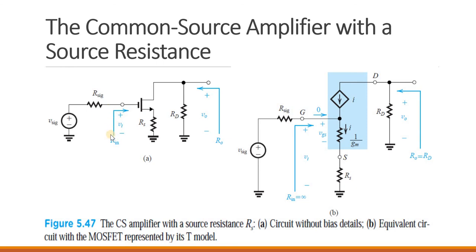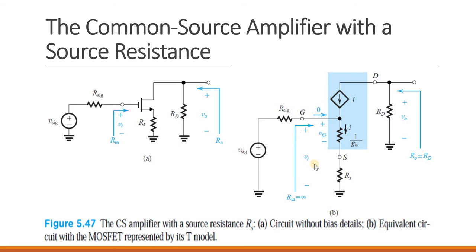The input resistance of the entire circuit is infinite, and Rout from the output side is RD. The second figure depicts the equivalent circuit with the MOSFET represented by its T model.